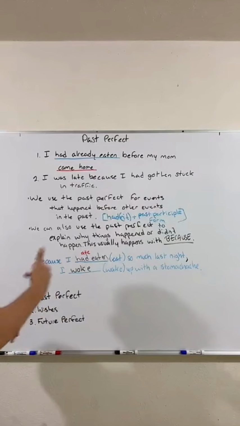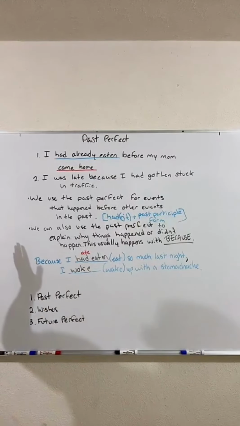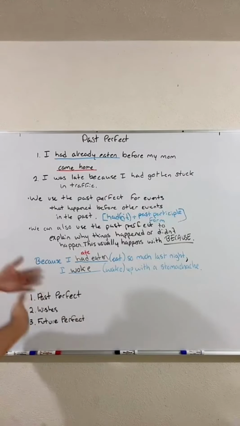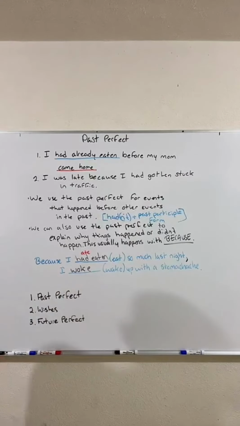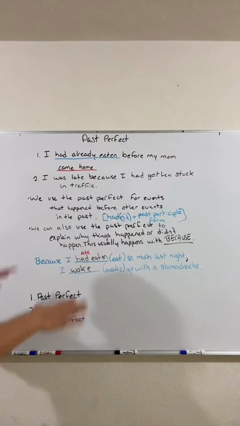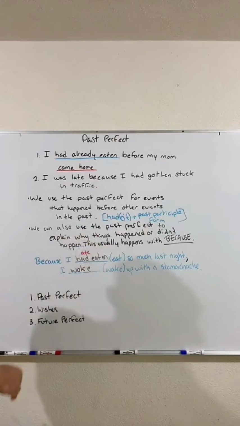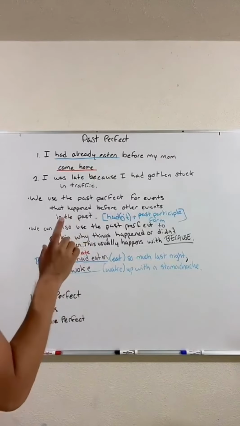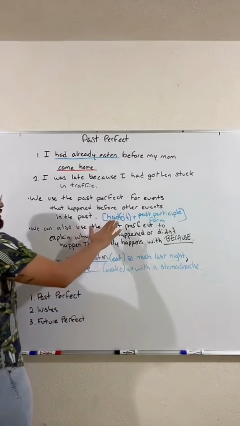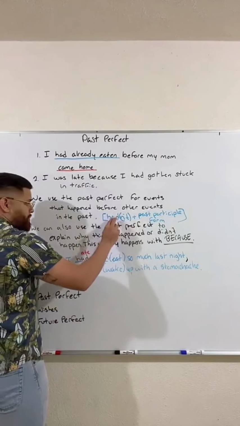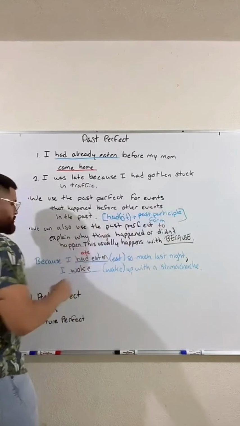And maybe the reason, it can be, well, the opposite, consequence. But anyways, this is the past perfect, guys. And, well, remember that you got to use the auxiliary verb had and the verb in the past participle form.